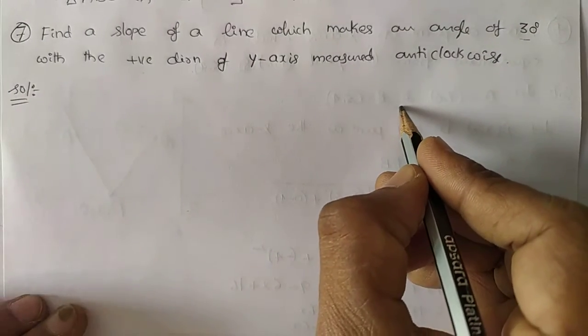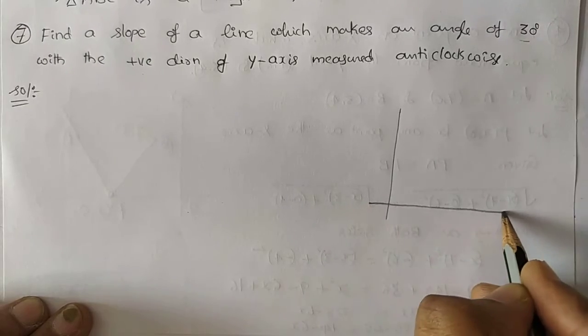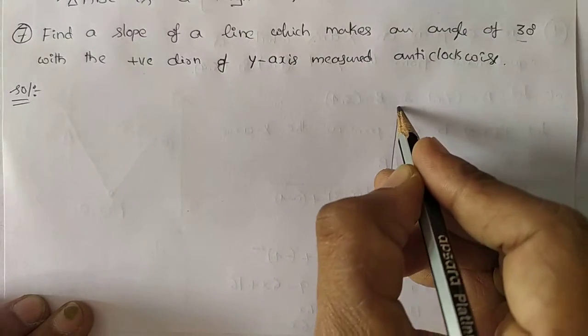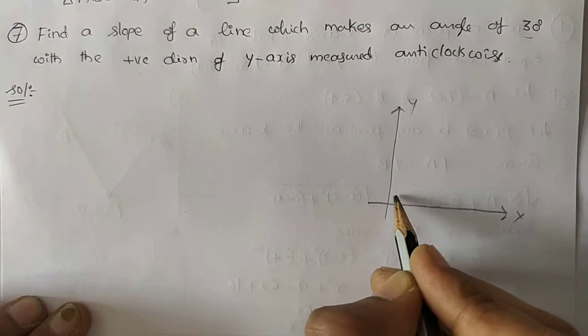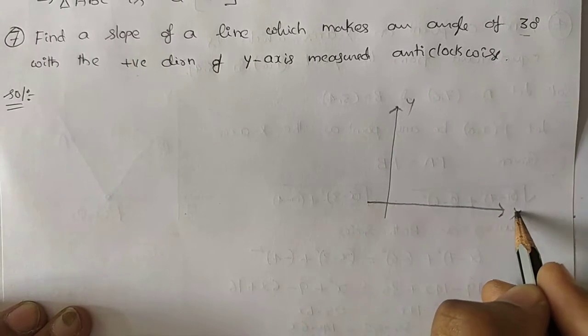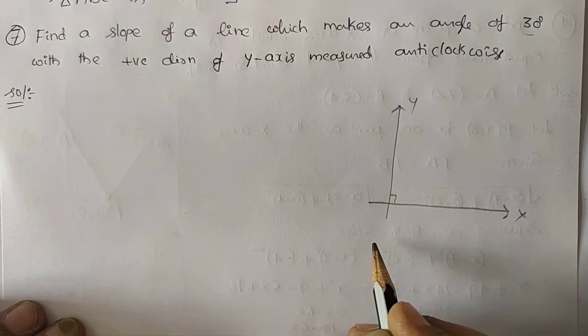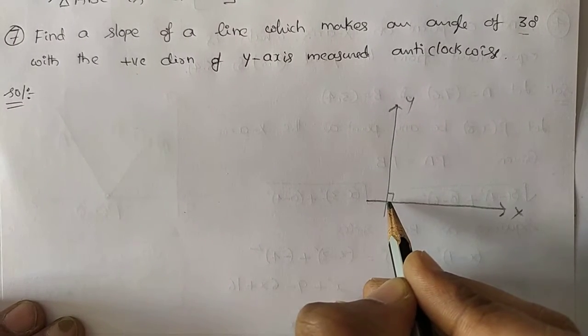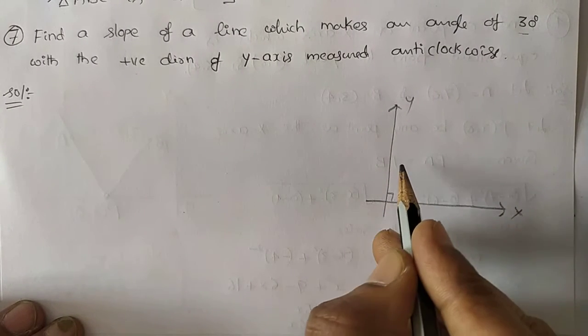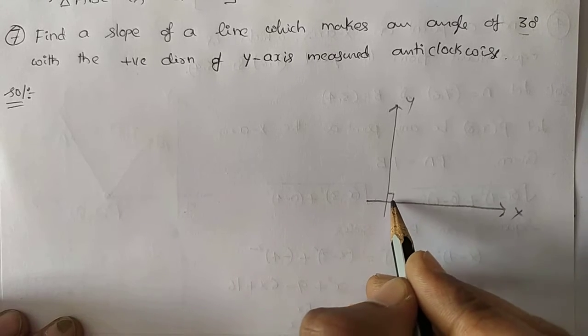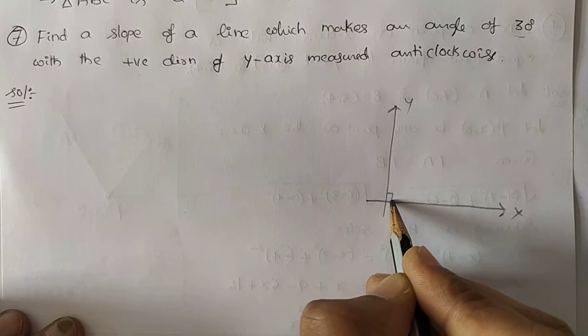Just imagine, consider the xy plane. We know that x and y are both perpendicular, isn't it? The x-axis and y-axis are both perpendicular. Perpendicular is nothing but 90 degrees only.